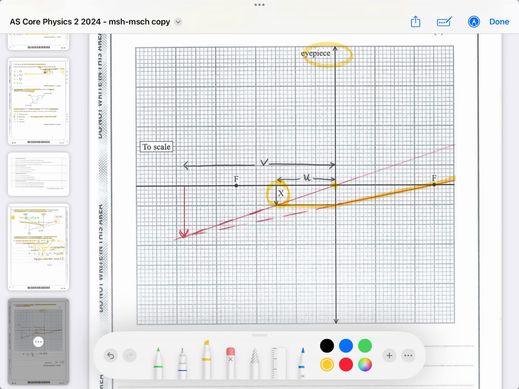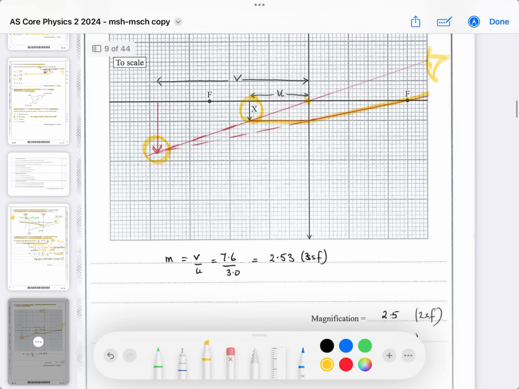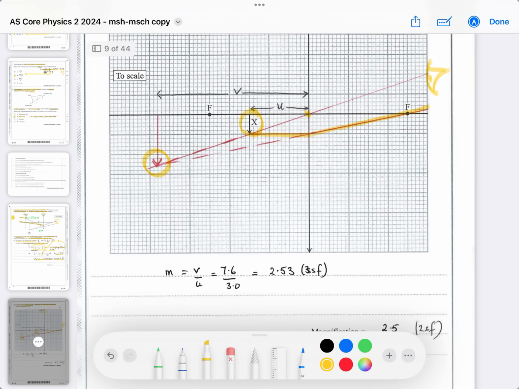And then the eye, if you're looking from over here, you're looking at these two rays, which will converge where the magnified image position will be. So you always draw one ray going straight through and one ray going to the height of x, and if it's going parallel to the principal axis, it will go through the focal length.